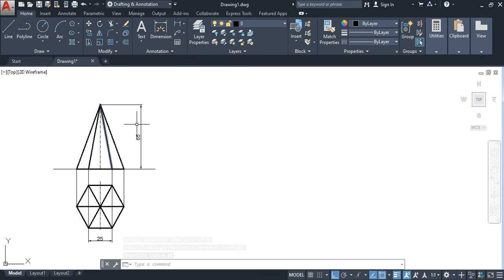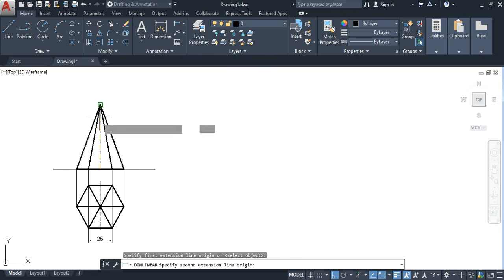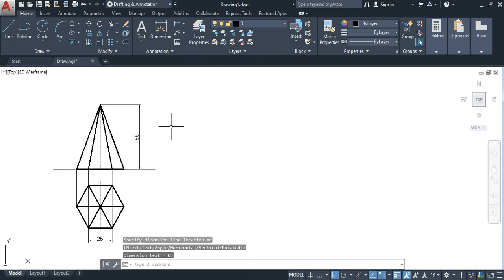The position of the points went slightly wrong, but 65 is the exact height, and you can see it. One more time, if you see the dimension from this point to this point, 65 is the height, right? So these are the original dimensions here, and next we require some distances.